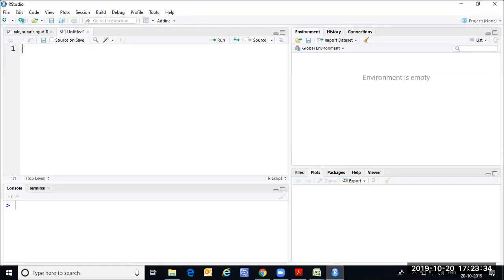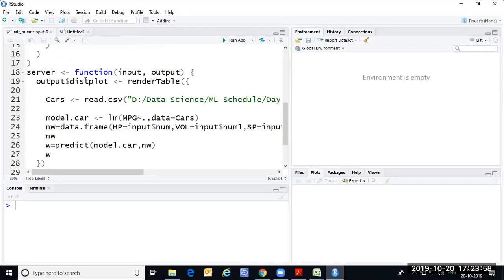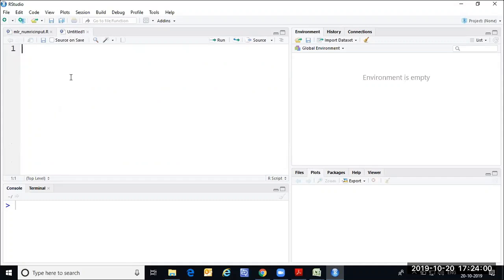Now, four different windows. The top left pane of the window that you're seeing here is called the scripting window. This is where we write our script. Like this, let's say 2 + 2.